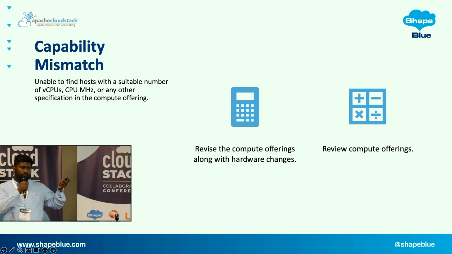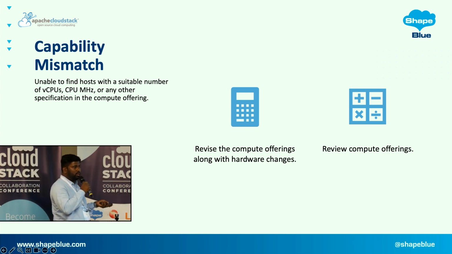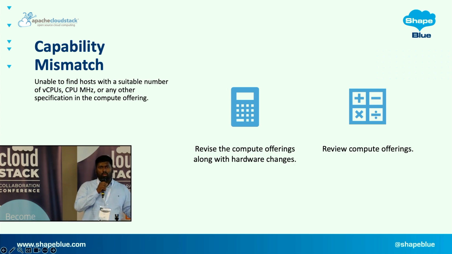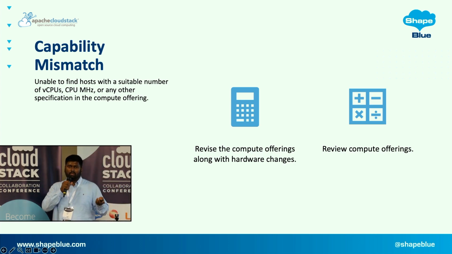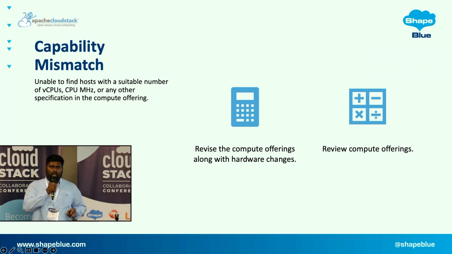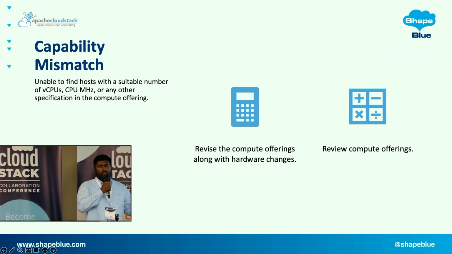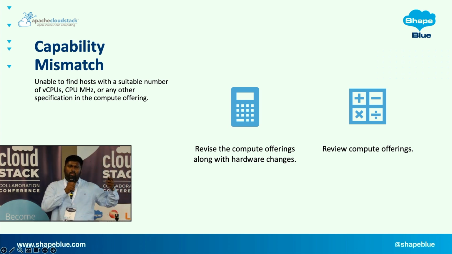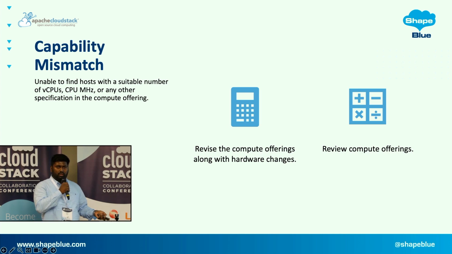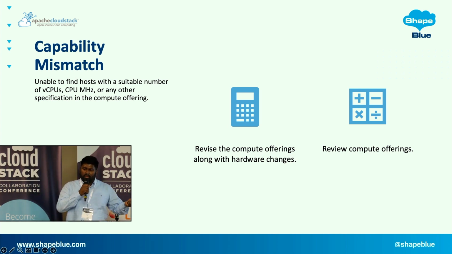If you had a host with 3,000 megahertz, you would have created the compute offering matching that value, and a newer one may have 2,500 megahertz, and you may not have updated it. So CloudStack cannot match that, right? You could update the offering, or use resource tagging and host tagging to ensure you don't hit that issue.